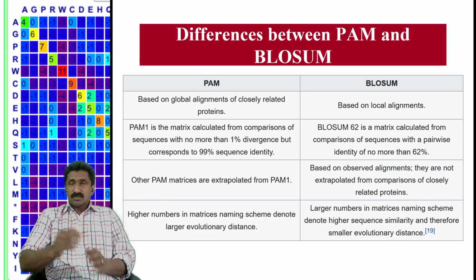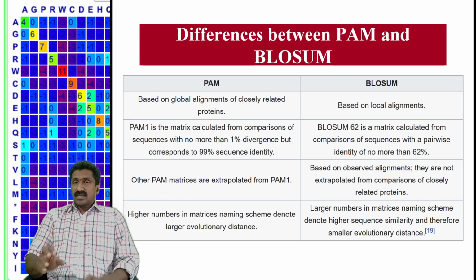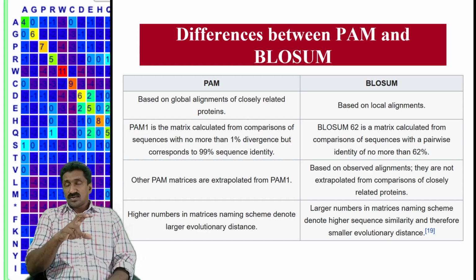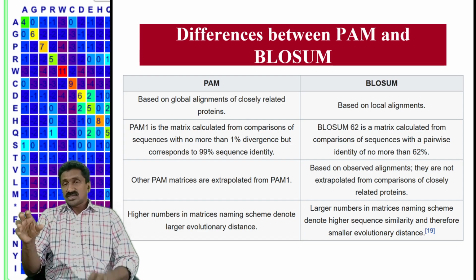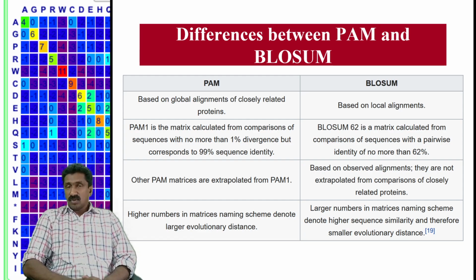So it's actually an extrapolation. Whereas in the other case, the matrix is separately generated by comparing sequences of similarity higher than 62% or higher than 45%.